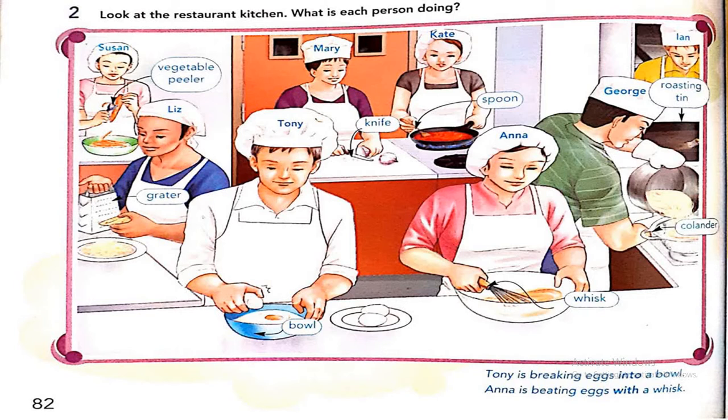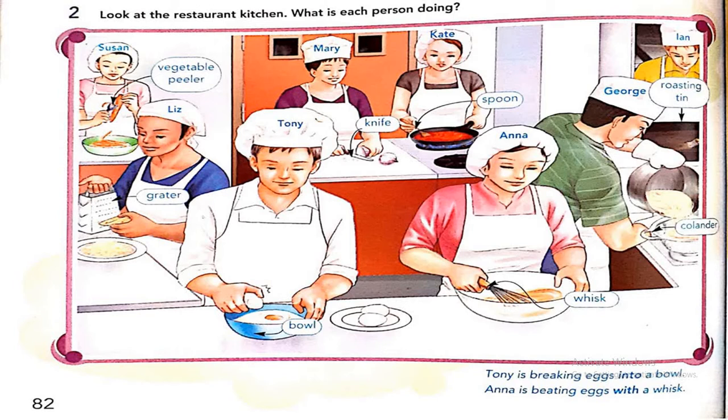Then we have Liz. Okay, she is holding the grater. Then we have Mary. She's holding a knife. Kate, she's holding a spoon. Len, holding a roasting tin.